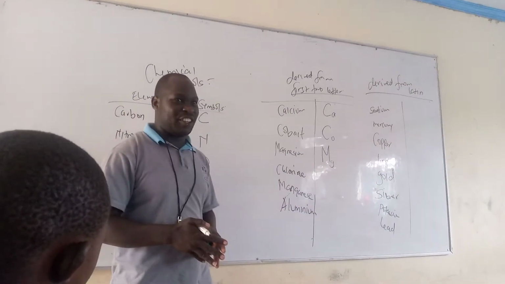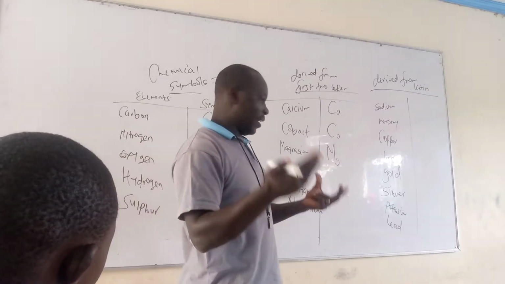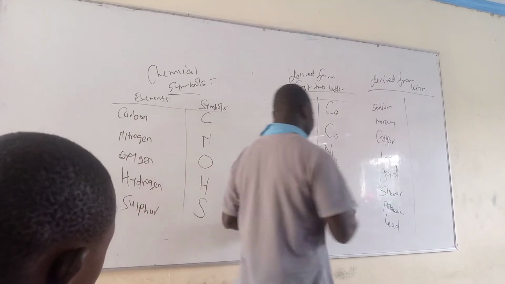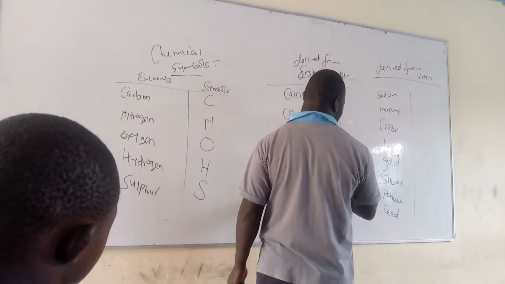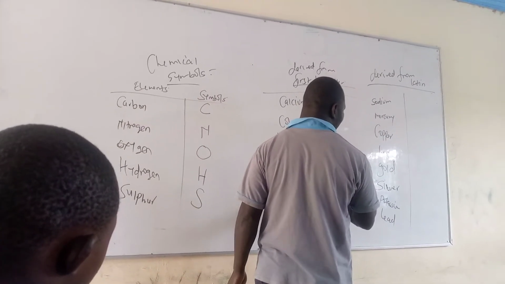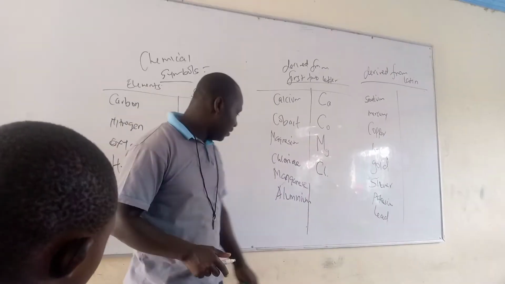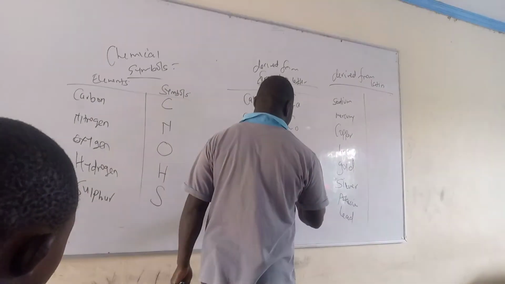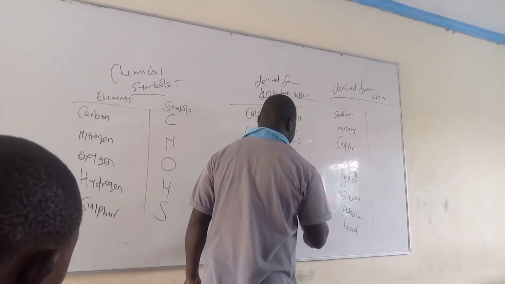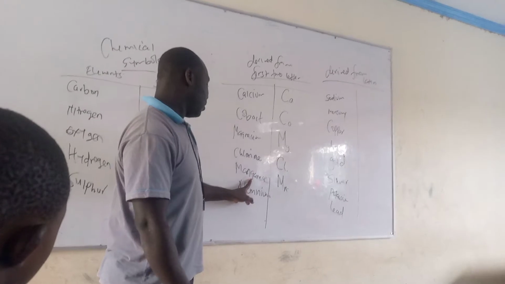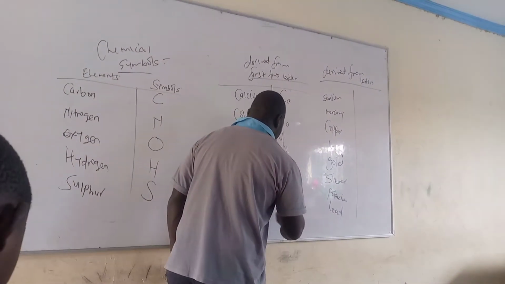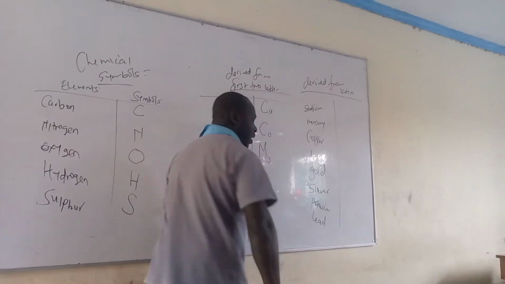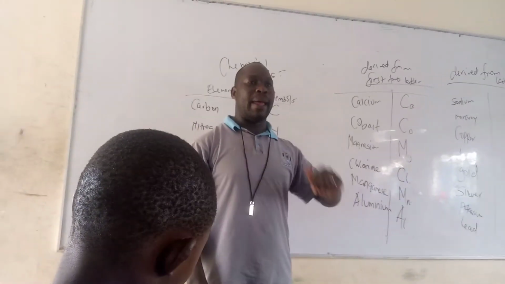We normally pick the G and not the A. Chlorine, it will be capital C and a small l. Manganese, it will be capital M and a small n. Are we together? And then aluminium, it will be capital A and a small l and not i.